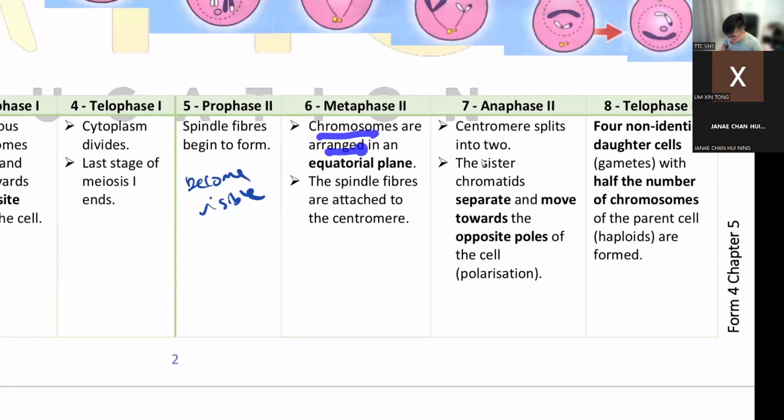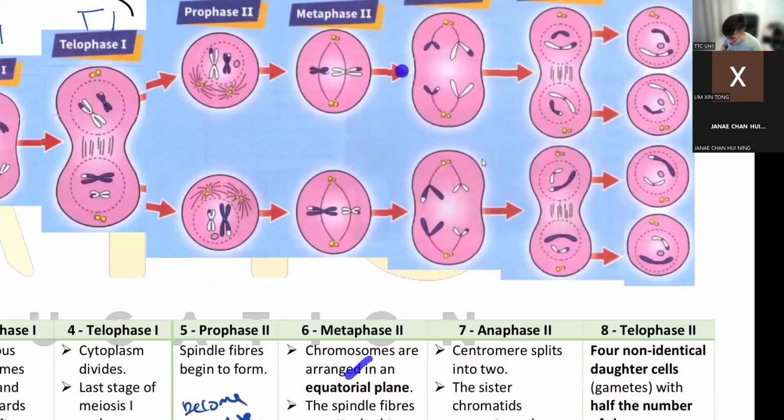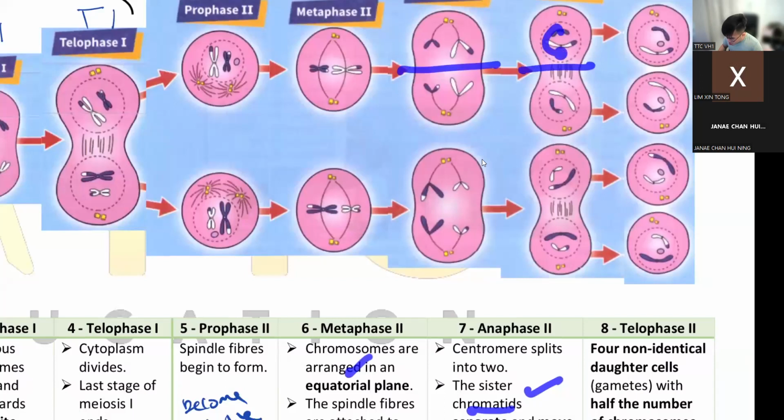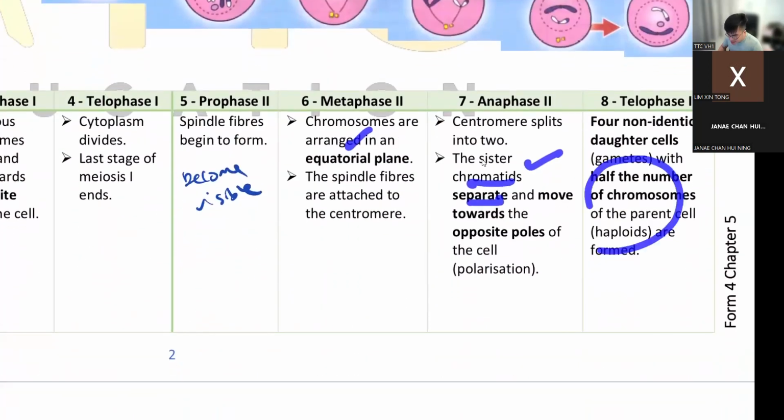So chromosome arrange at equator. Same point, right? For anaphase, they split, so chromatids separate. Same thing. And then next, they reach opposite pole. They didn't say it here, but you can write the same thing here. They reach opposite pole.